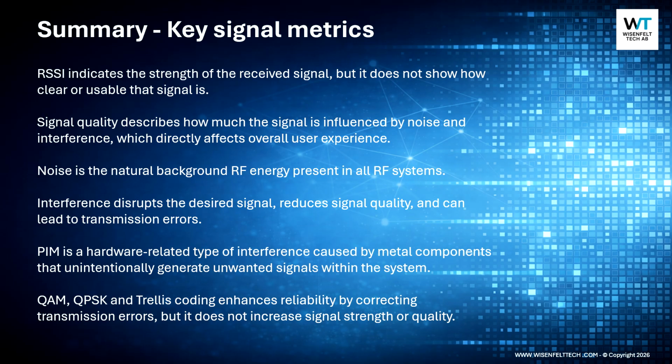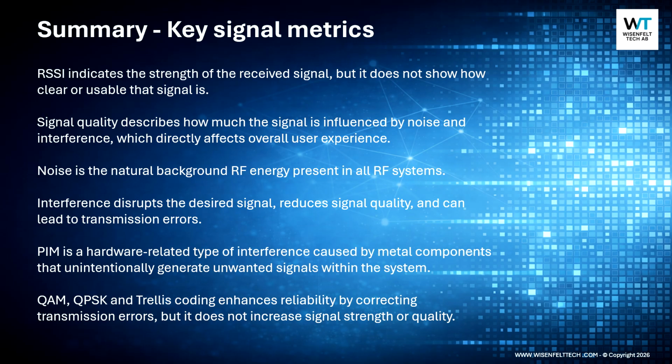Noise is the natural background RF energy present in all systems, while interference comes from unwanted signals that disrupt communication and can cause transmission errors. In addition, we discussed PIM as a hardware-related form of interference generated by metal components that unintentionally create unwanted signals. Finally, we reviewed how modulation and coding techniques such as QAM, QPSK, and trellis coding improve reliability by correcting transmission errors.